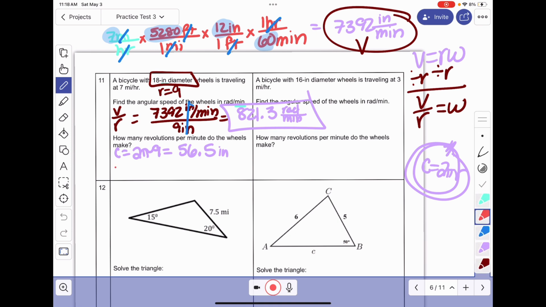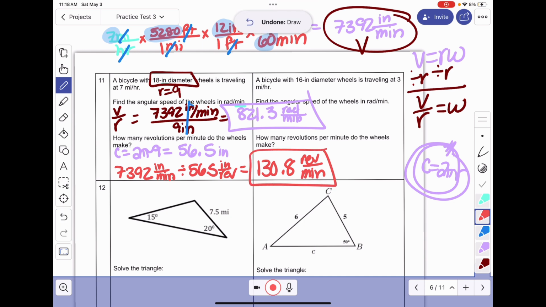So if I take 7,392 inches per minute and divide that by 56.5 inches per revolution, I get 130.8 revolutions per minute. So really, you're just dividing the speed by the distance, and you get your revolutions per minute. So that's how you would do these problems.